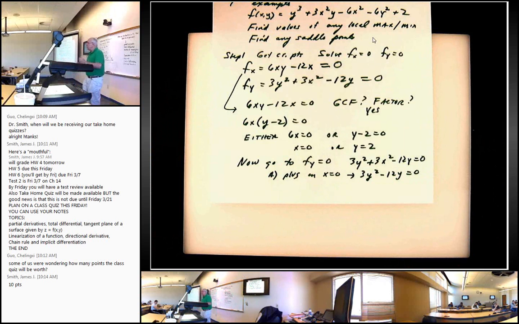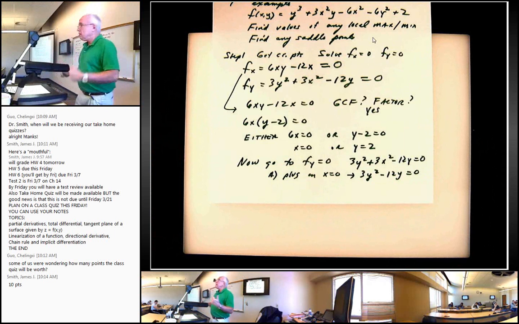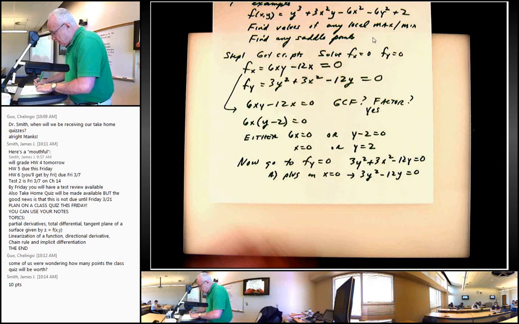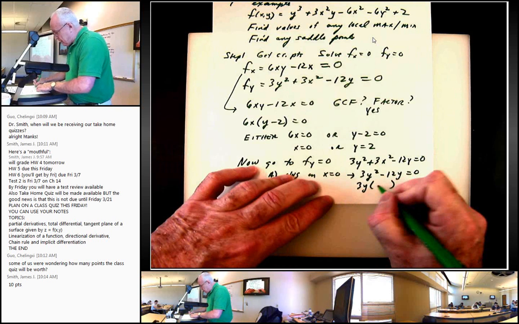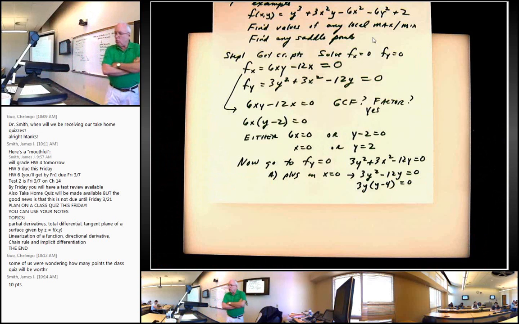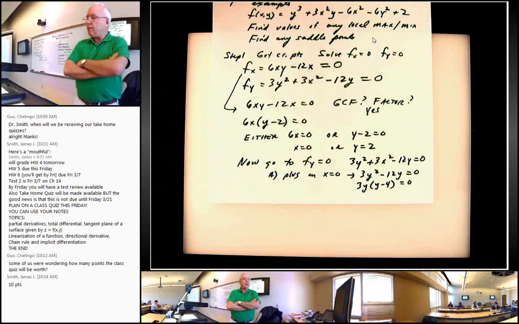Again, is there a GCF? Can I factor this thing? And thankfully, there is. 3y. So I can factor out a 3y, and I get a y minus 4. So, what are our two solutions that we get from this?